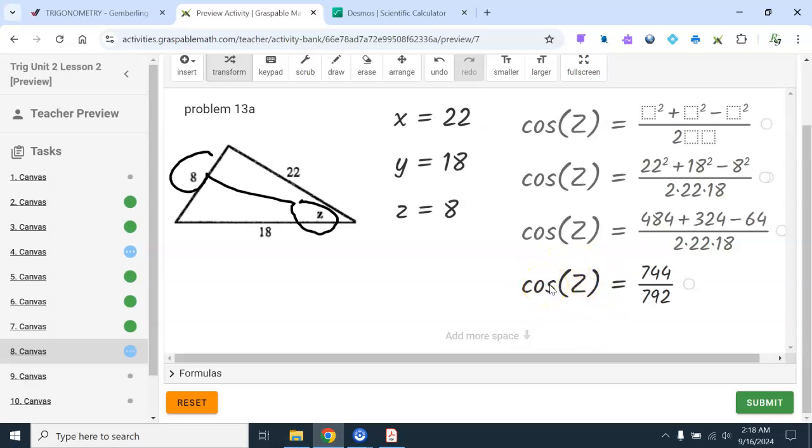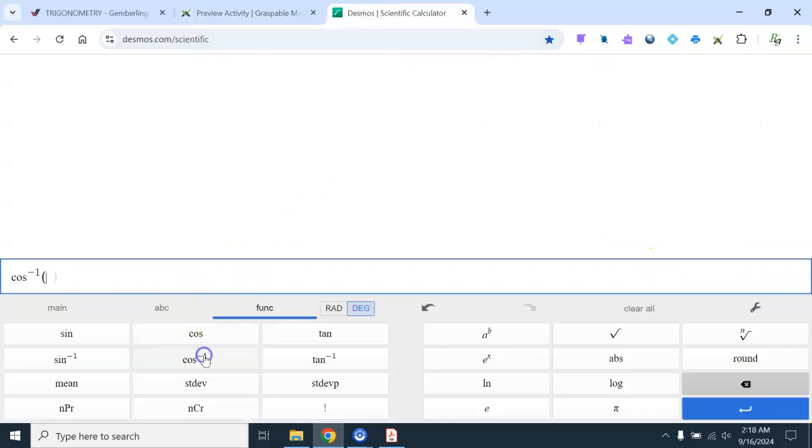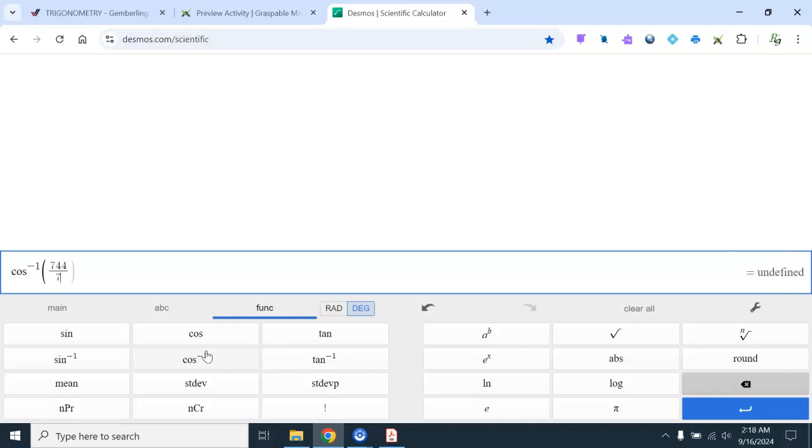So it's going to be inverse cosine to both sides, to get rid of cosine here, so it's going to be inverse cosine of 744 over 792. So inverse cosine of 744 divided by 792, which is going to give me an answer of approximately 20.050 degrees.